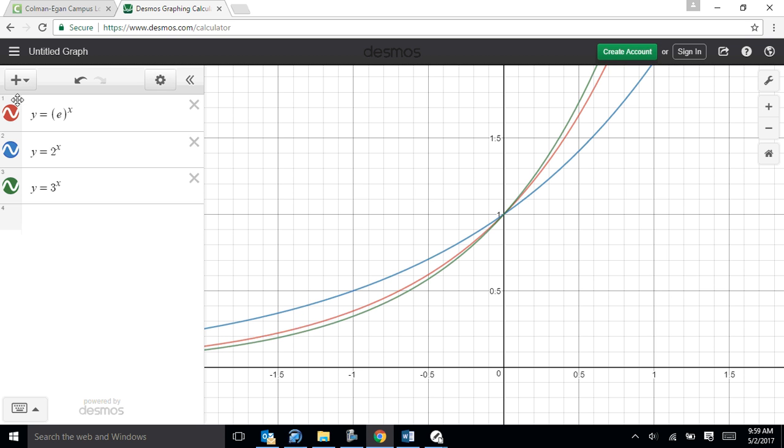Let me move these. So our blue line was our 2 to the x, and then our red line is our e, and then our 3 to the x is our green. So our e to the x, how does that compare to our 2 to the x and 3 to the x?